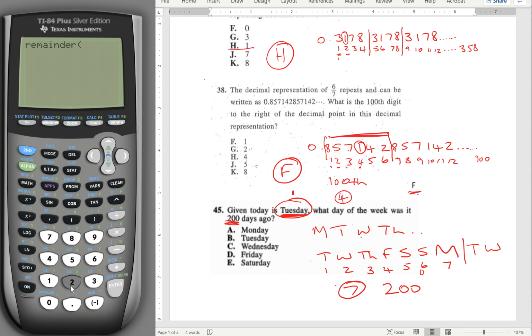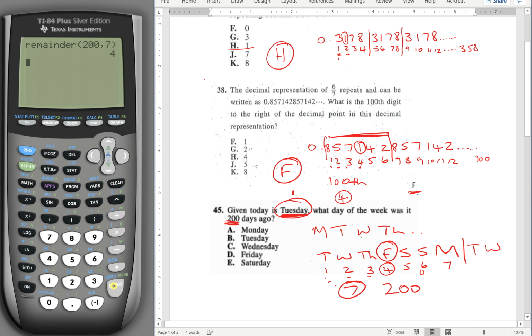We put in 200, comma, 7. We hit enter, and it gives us 4. So what's the 4th from Tuesday? What's the 4th value? 1, 2, 3, 4 is here, so it's Friday.